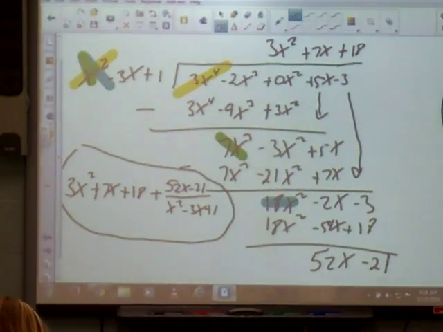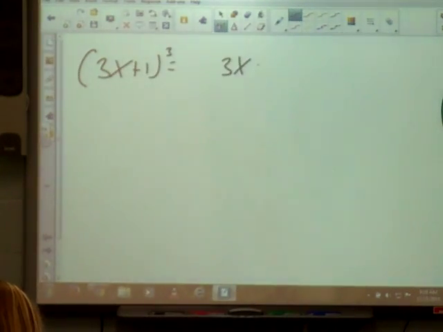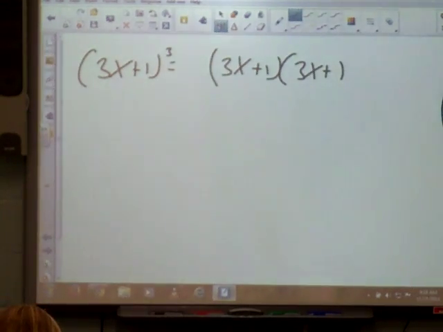All right, we've got one more in this section. Number 8, 3x plus 1 cubed. That means I have to take 3x plus 1 three times.